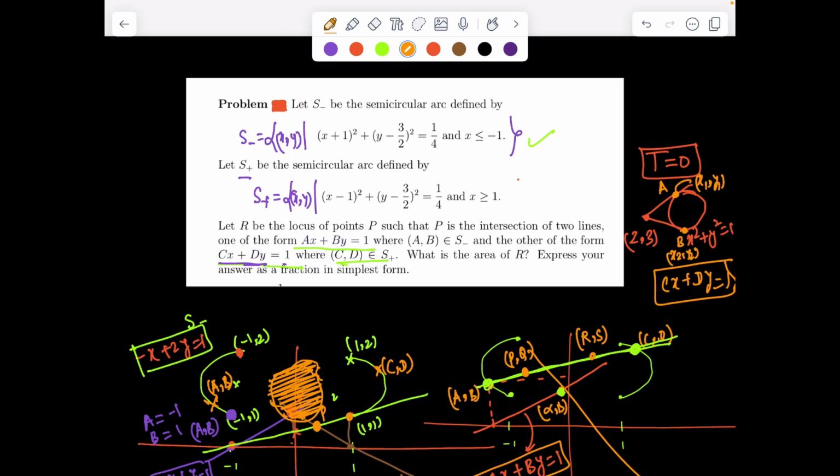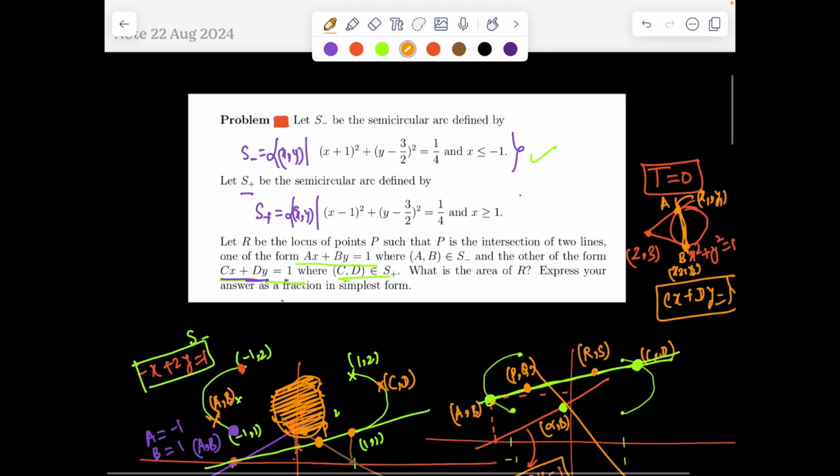One way of doing this is to write the equation of the tangent, find points A and B by solving with the circle, and then write the equation of AB, and that is really the worst possible method. A smart method is: at point x1 comma y1 I can write the equation of the tangent, x x1 plus y y1 equals 1. Similarly at x2 comma y2, the tangent equation is x x2 plus y y2 equals 1.